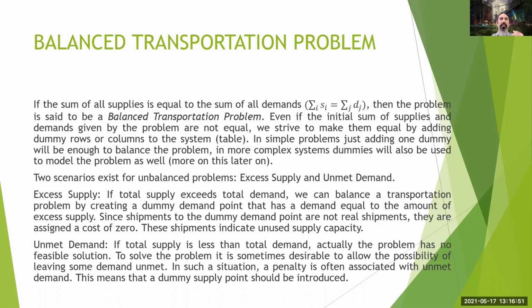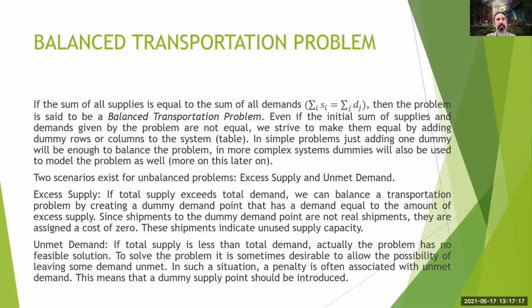So I will just create a dummy supply that has a limit of 5. So I will say that the first supply, which is the real supply point, will send 10 to the first customer and 5 to the second customer. And the second supply, the dummy supply, the one that does not exist, will send 5 to the second customer, which means that the second customer will not be getting those 5 units. They will have a shortage.